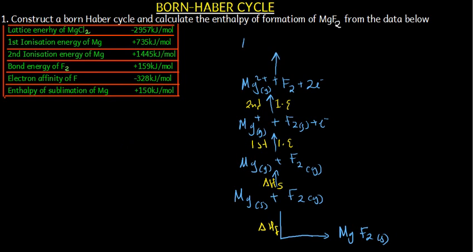We have now magnesium 2 plus, and if we break the bond in the fluorine molecule, then we are going to have two fluorine atoms in their gaseous state, and then we have 2 electrons. Such energy which is required to break a bond is the bond energy. So that is going to be the bond energy at that point.